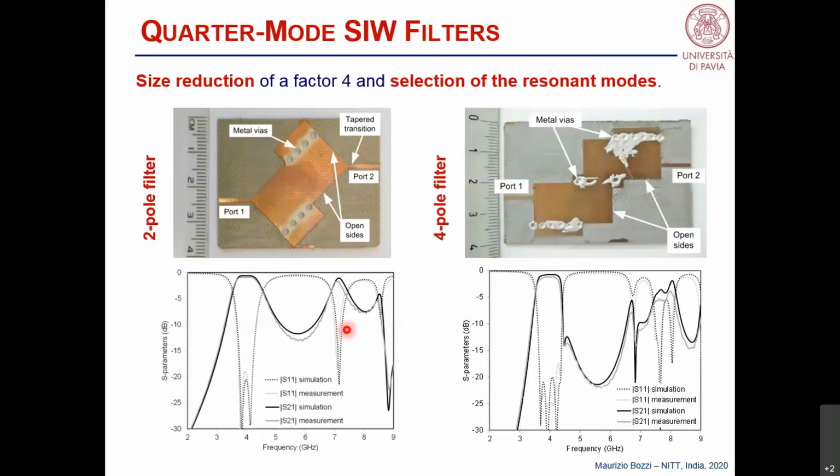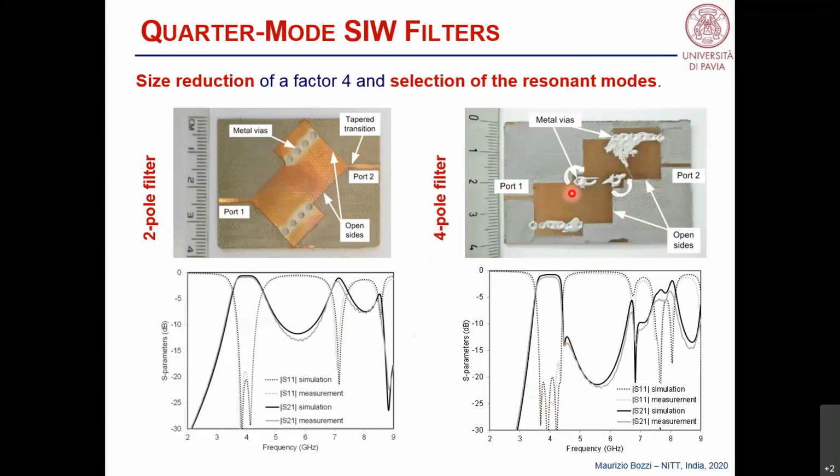We can extend the number of cavities to 4, like in this case. When we remove the metal cylinders in the common walls, we get a filter with 4 poles. In addition, as you see here, there is a transmission zero.